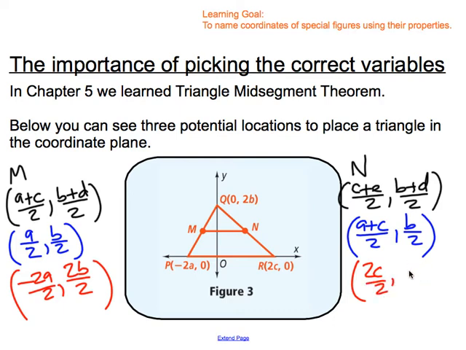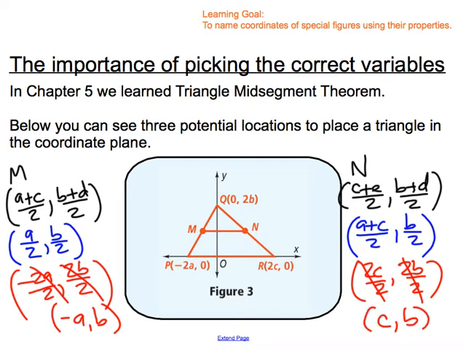And we take 0 plus 2b and divide by 2. So in this case, because of the 2's, all of the 2's cancel each other out. So we get negative a, b, and over here for the coordinates of N, we get c, b.